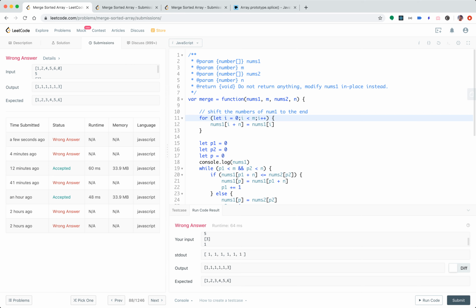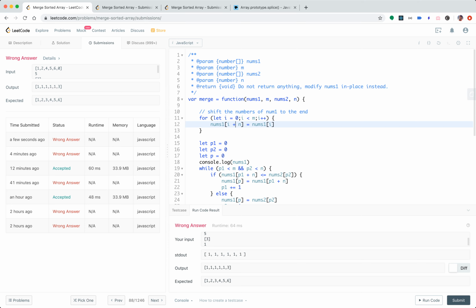I made a mistake. I made a huge mistake. I cannot do it from the beginning, but backwards. If I do this, this one will be 1, and this will also be 1, 1, 1, 1, 1. So we should go backward. Do it backwards. My God. Because there will be overlapping.